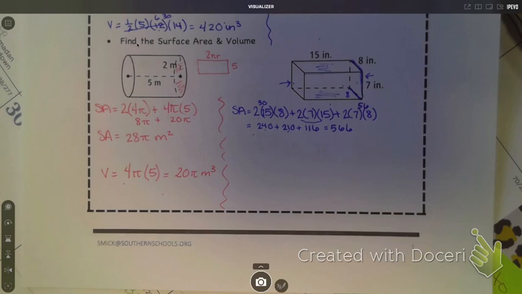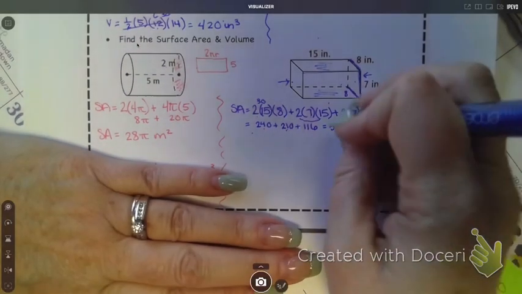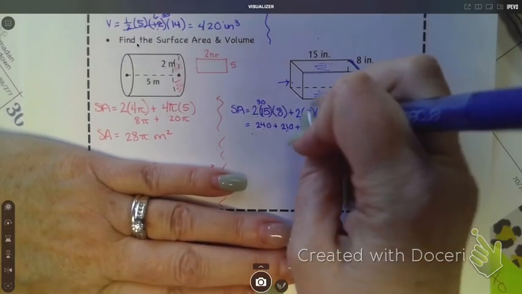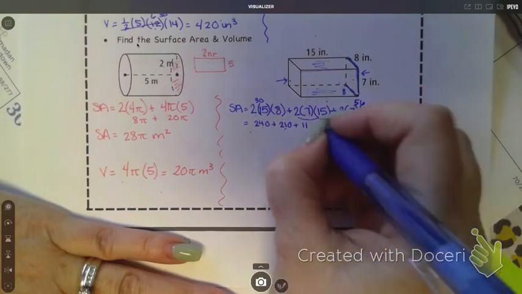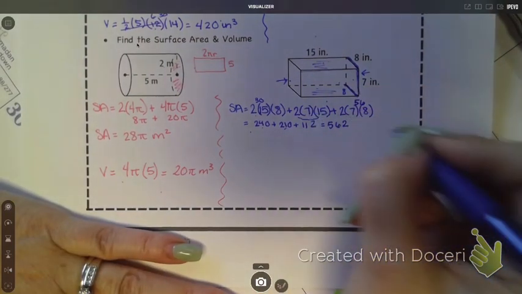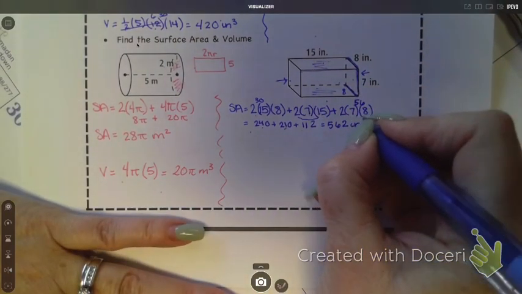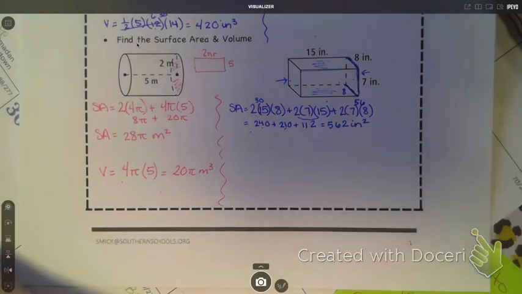It's 112 instead of 116. For the 56 times 2, it's 112 instead of 116. Oh. Okay. And our units are inches squared.